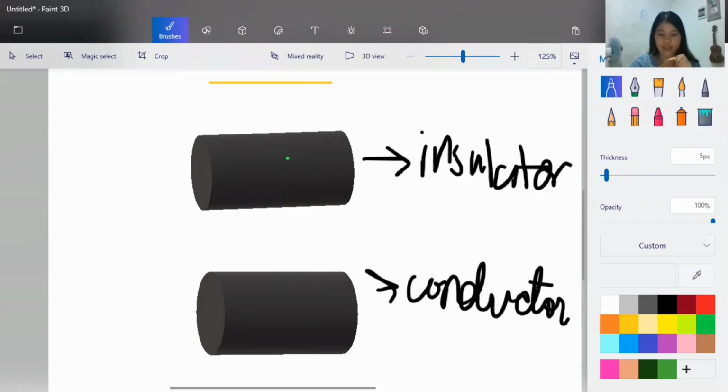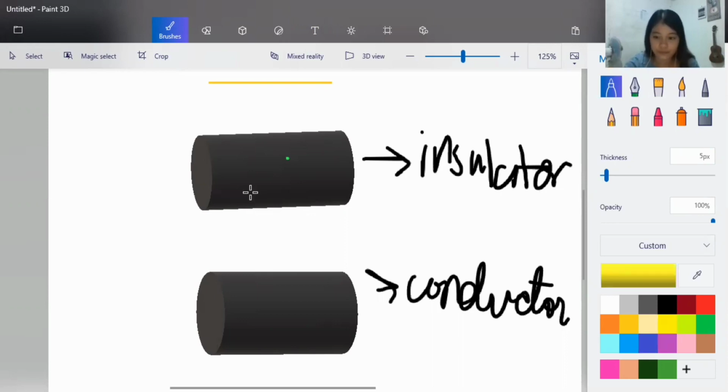The similarity between conductors and insulators is that they both have a huge amount of atoms and molecules. That means they are composed of a positively charged nucleus and negatively charged electrons around the nucleus.